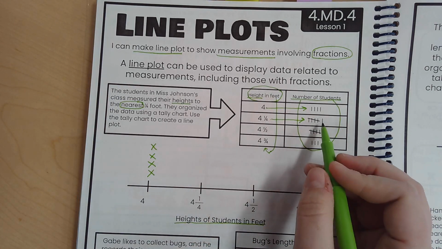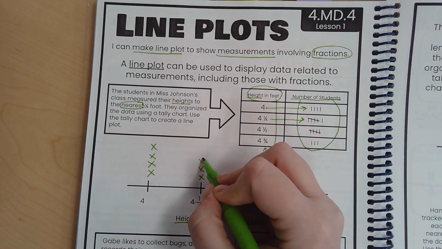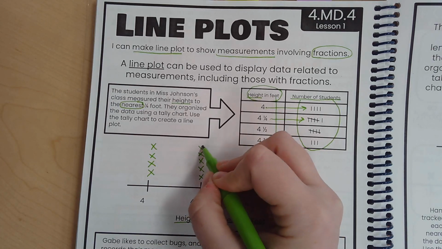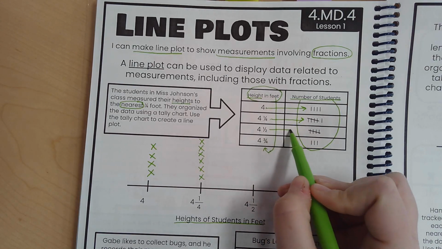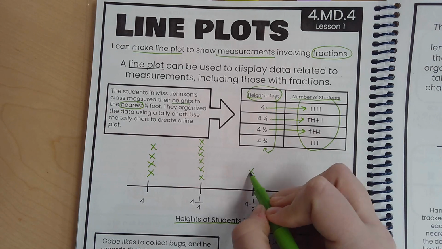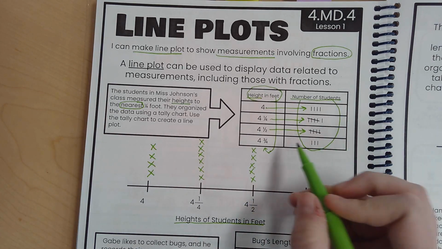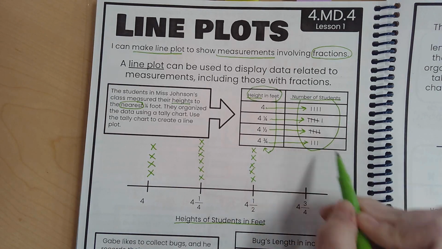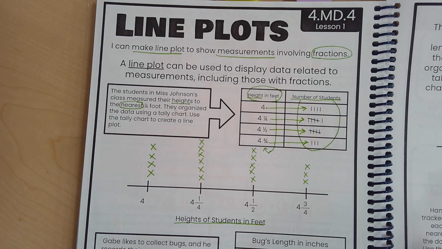Or no, 6, sorry. 1, 2, 3, 4, 5, 6. 4 1/2, there are 5. So 1, 2, 3, 4, 5 students. And then 4 3/4, there are 3 students. So each X is 1 student.